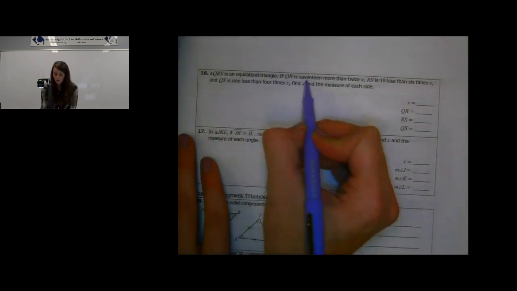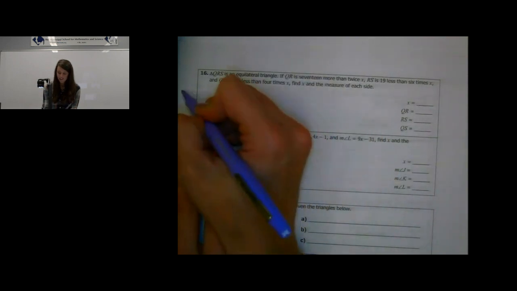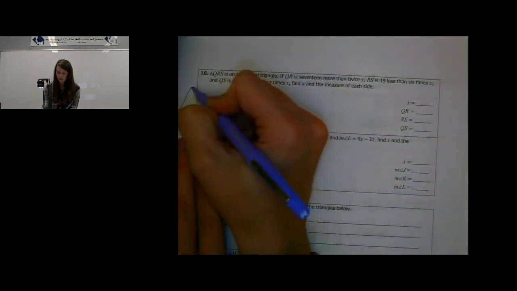All right, so let's look at some more questions here. Triangle QRS is an equilateral triangle.